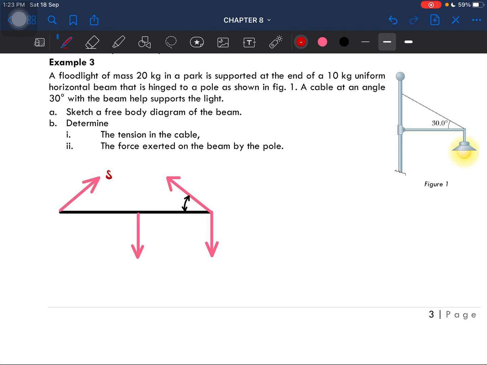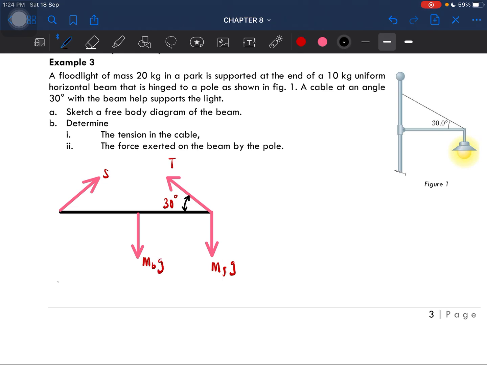So this is S, and this is theta, which is equal to 30 degrees. This is S, this is 30 degrees, this is the tension, this is the mass of the floodlight, and this is for the beam.